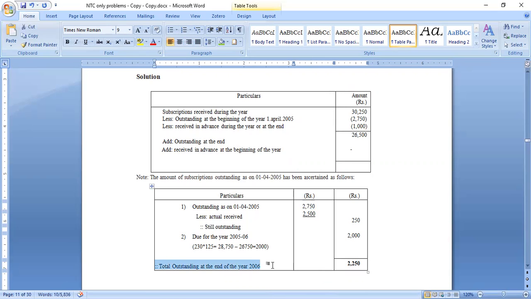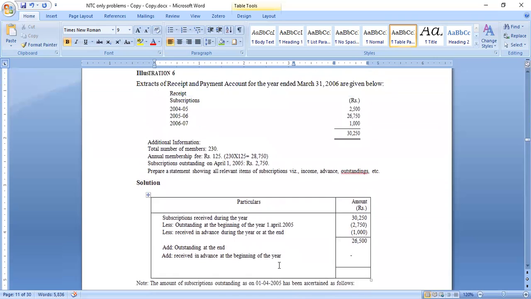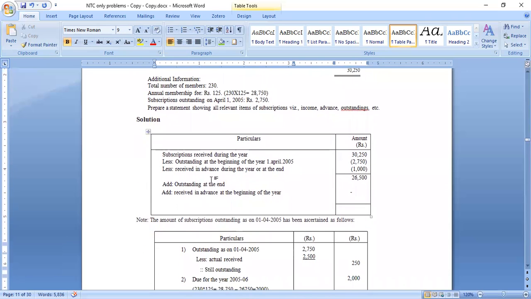So this is the confusing area for this subscription. So outstanding at the end of the year is 2250. So we have to add this 2250.